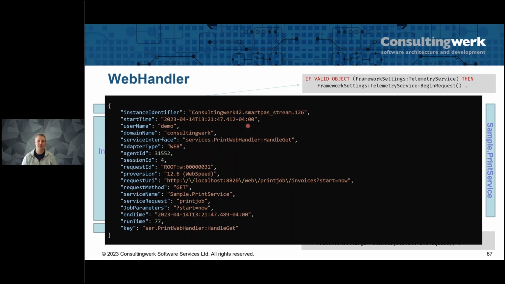So we've set that to the web handler name and the web handler method. Our service name now is the print job and print service. And the fun thing with Progress version is in the web transport, they add WEBSPEED on the end of it for some reason. And again, whatever parameters we wanted to add in there, we can add in there as extra data. So that start equals now may be translated into a where string that gets passed down into a template, and we could capture that data.